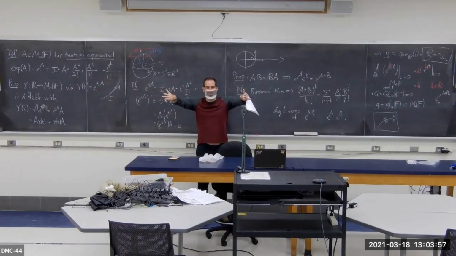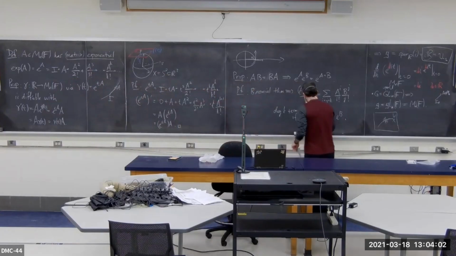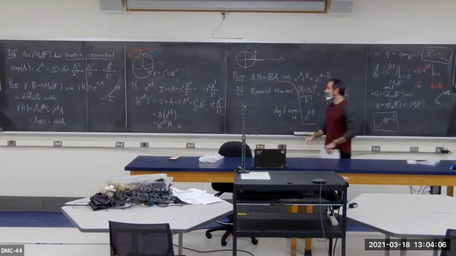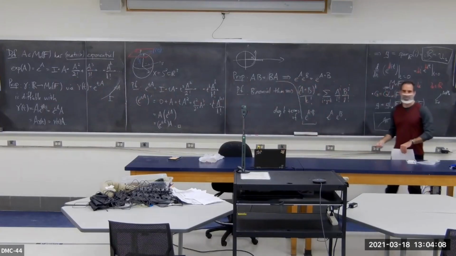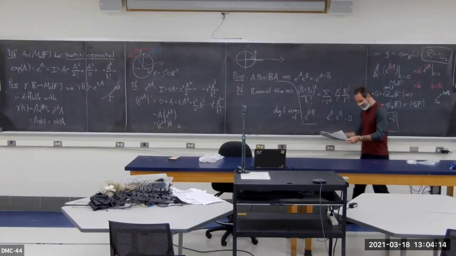That's the reason why you need them to commute. So the expansion of this one is the reason why you need AB equals BA. That's all. It's just, again, another formal thing.